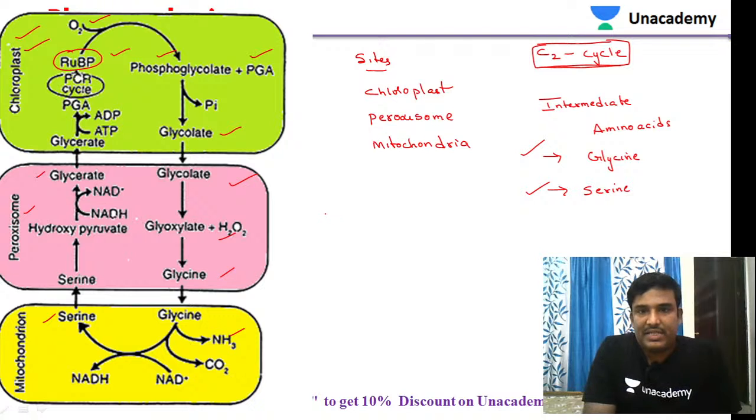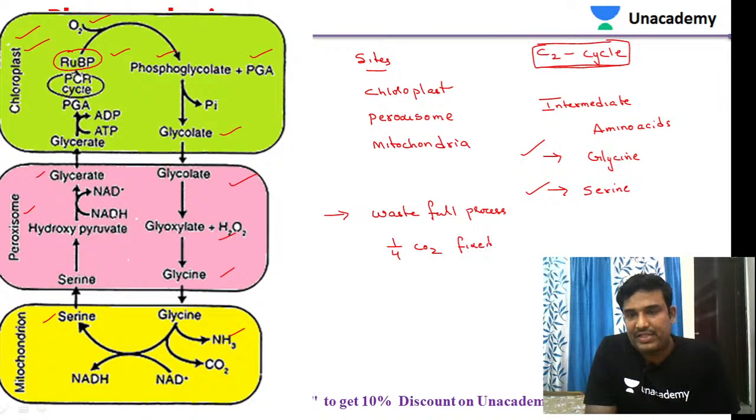This photorespiration is considered a wasteful process. Why is it called a wasteful process? Because 1/4 of the carbon dioxide fixed by plants is lost.